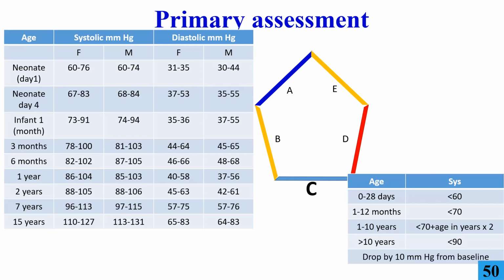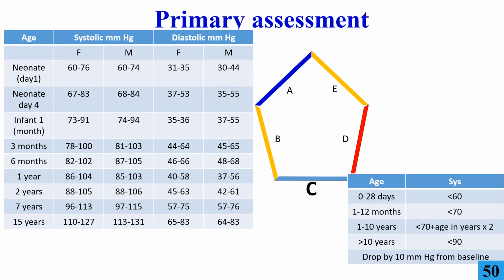So if you are 1 month and you are less than 60 systolic, then you have a problem. If you are first 12 months less than 70, you have a problem. And then if you are 1 to 10 years, please take 70 and then double the age and add it to the 70. And if you are between 1 and 10 and you are less than that number, then you probably have a problem.